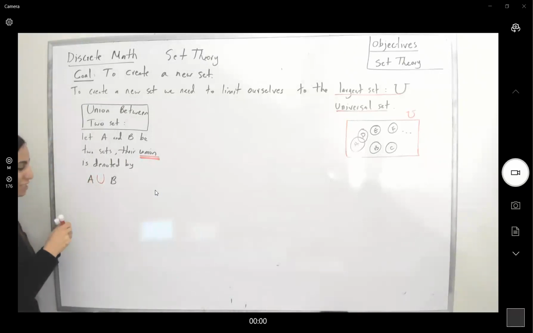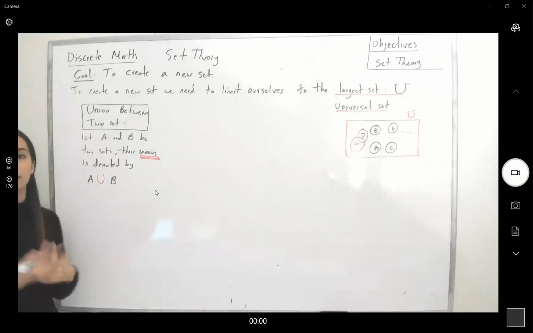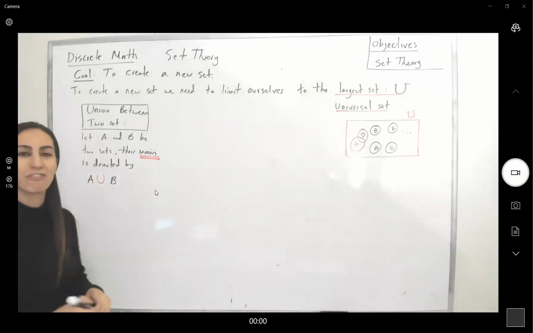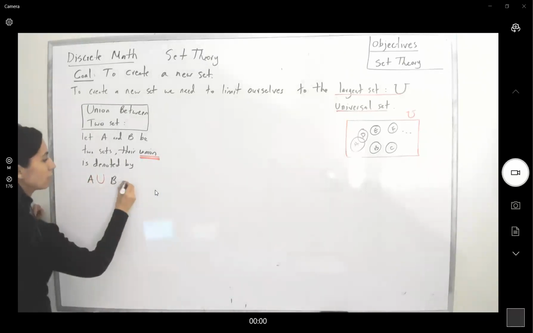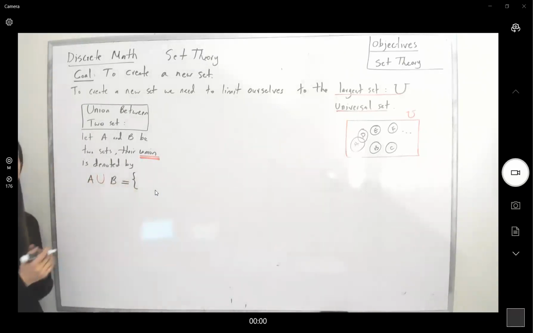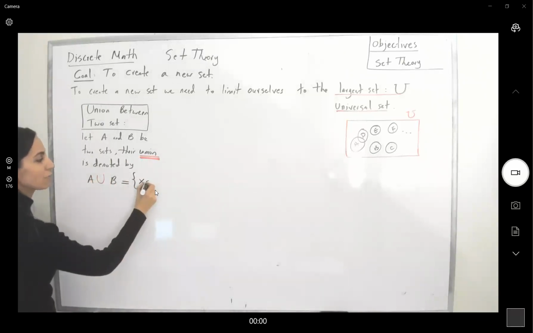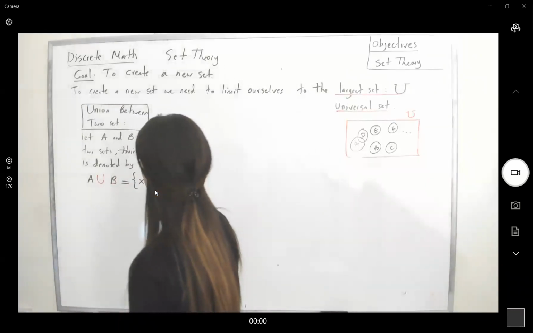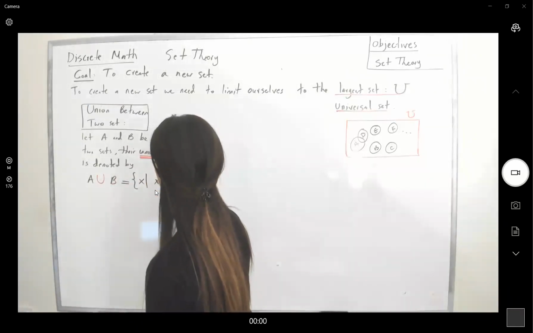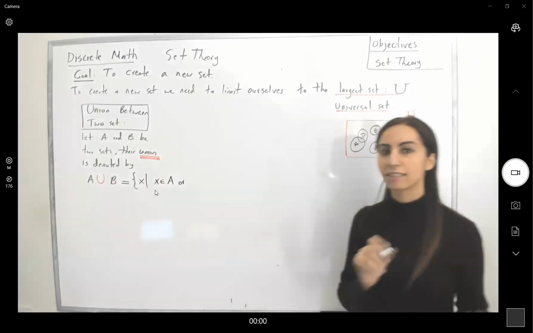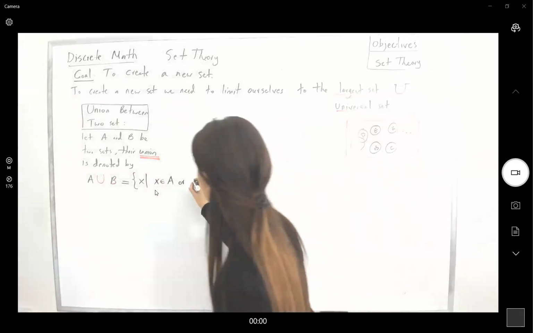Union between two sets. This union is a new set. It's defined this way. It's a new set, so we use set notation: the set of all x values such that x is in the first set or x is in the second set.